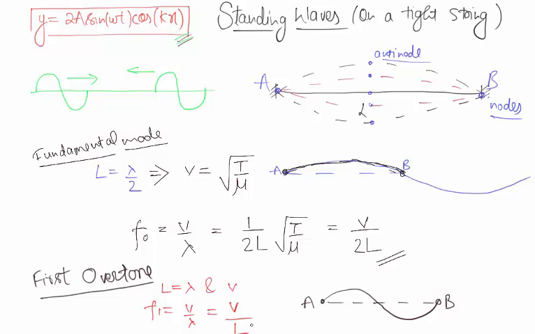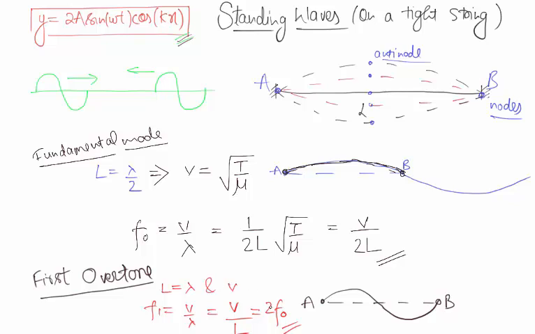The frequency of the first overtone is twice the fundamental frequency. You can look here, f naught is v by 2L, while f1 is v by L, which is nothing but 2 f naught. So the first overtone is twice the fundamental frequency.